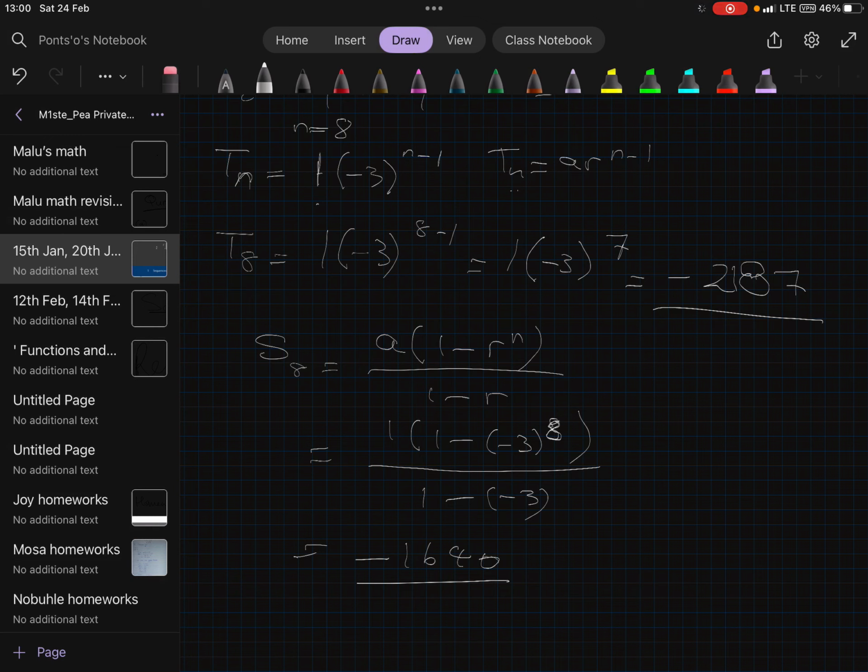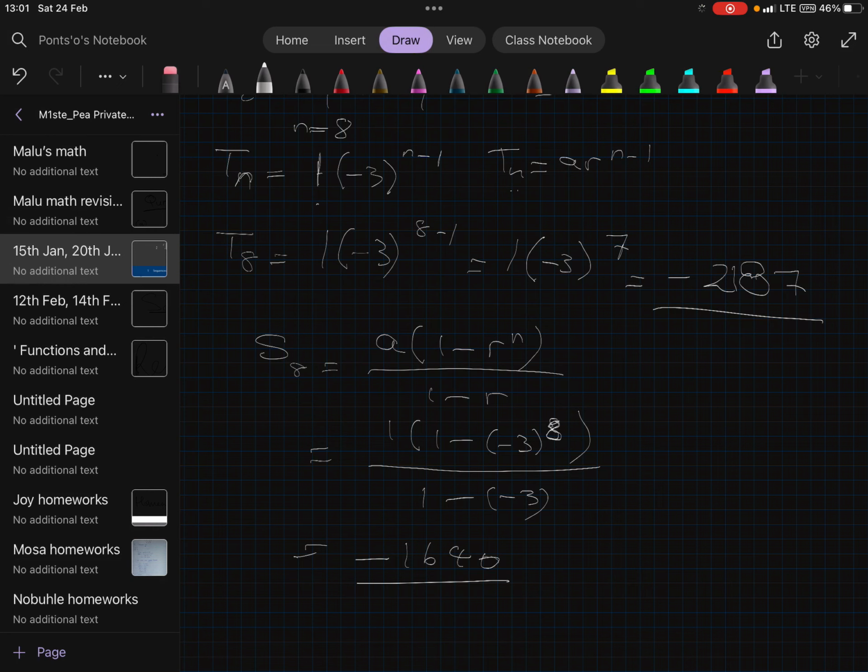Okay, if you look at the sequence, you start off at 1, the next term in the sequence is negative 3, and the third term is positive 9, which means the fourth term is going to be negative. So you're going to jump from negative to positive and negative to positive like that, you see?